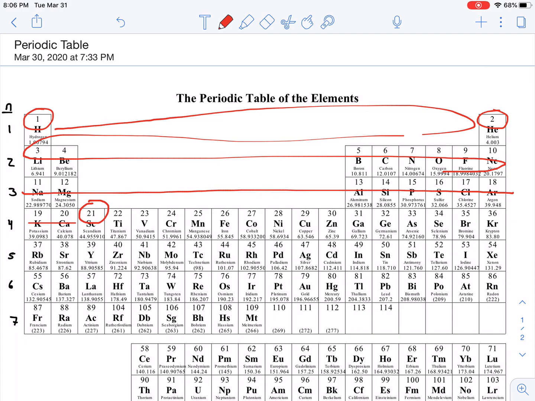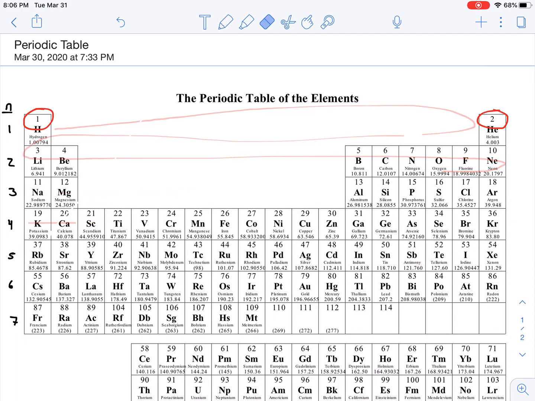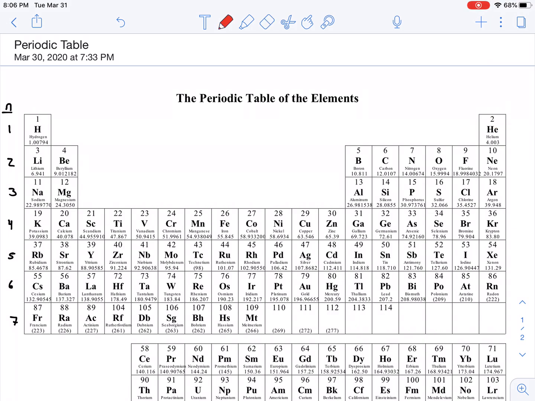Before we do, we need to define some areas on our periodic table. So first off, everything over here on the left, I'm going to outline this in red. This section that I'm kind of highlighting in red, and we'll fill it in just for our OCD. This section we are going to call the S section.